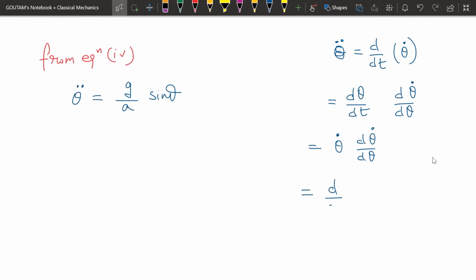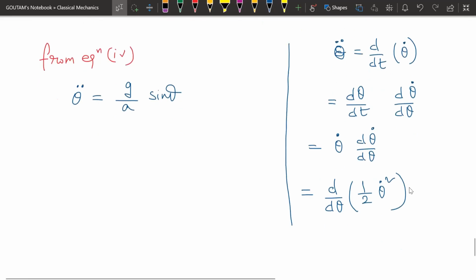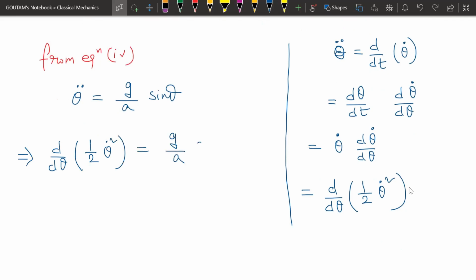So we will get d/d theta of half theta dot square. It's very easy. If you take the derivative, it will be 2, so the half will cancel and we get theta dot d theta dot/d theta. So in place of theta double dot, we can write d/d theta of half theta dot square equals g by a sine theta.